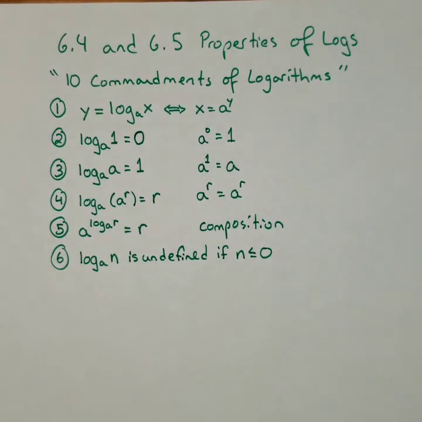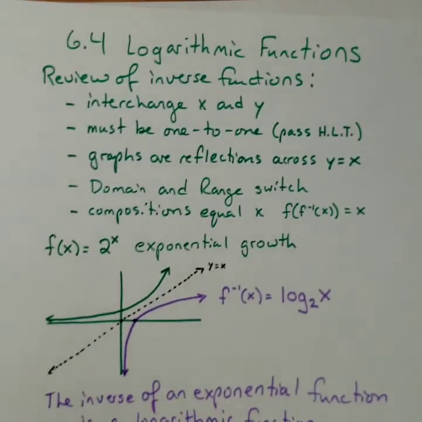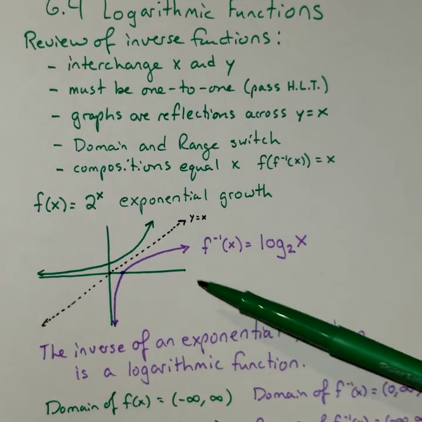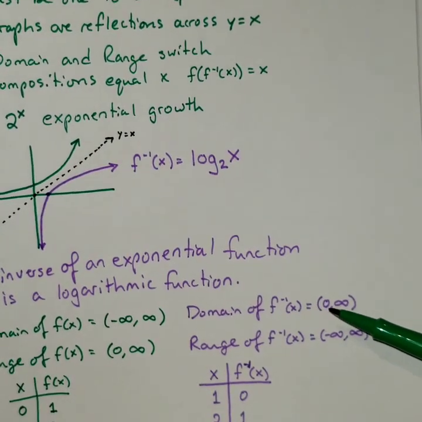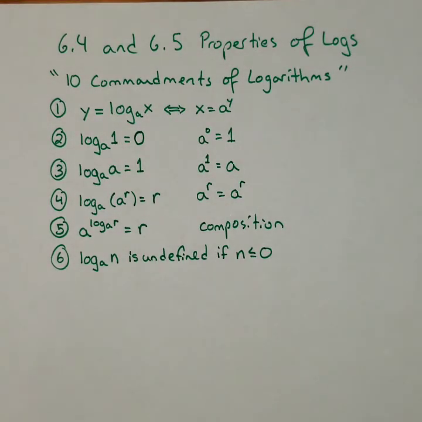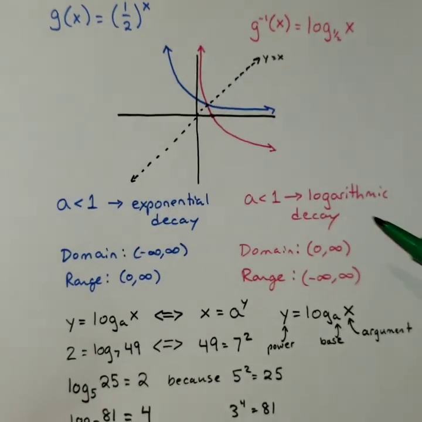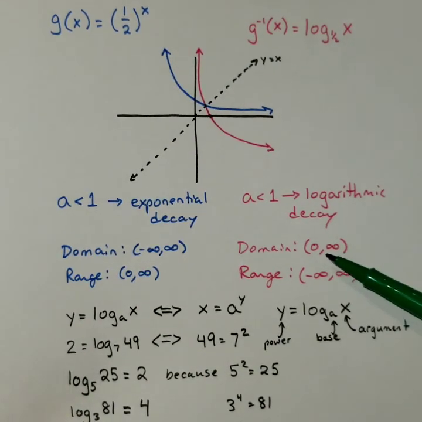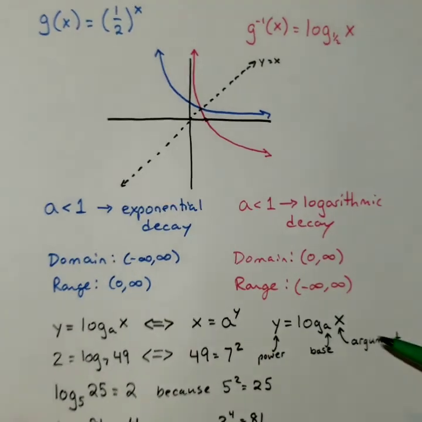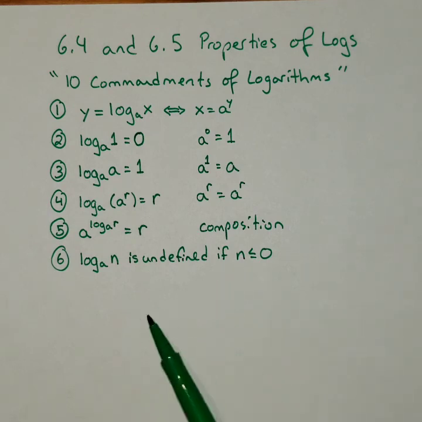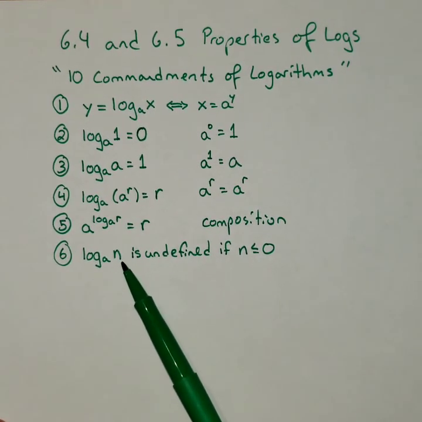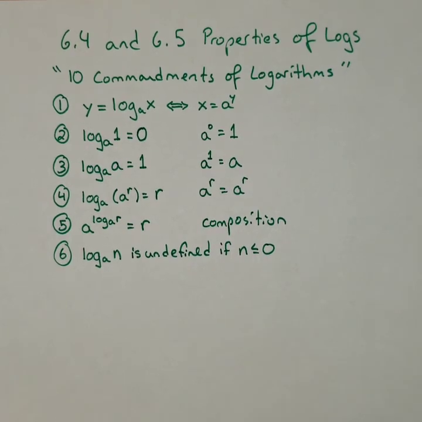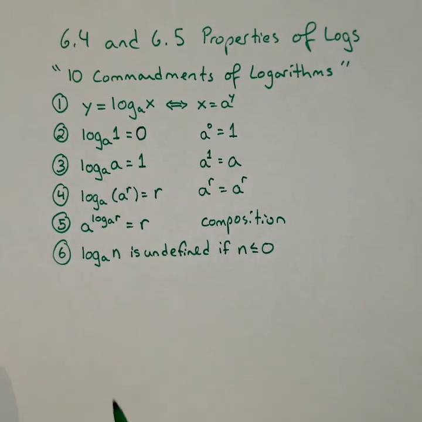The reason for that also comes from the graphs we saw in the last couple videos and the domains. Remember, the domain for the logarithm is all positive numbers, and that was true for both the growth and the decay. So you have to have positive numbers. I cannot input a negative or 0. It's just undefined. The graph isn't to the left of the y-axis.